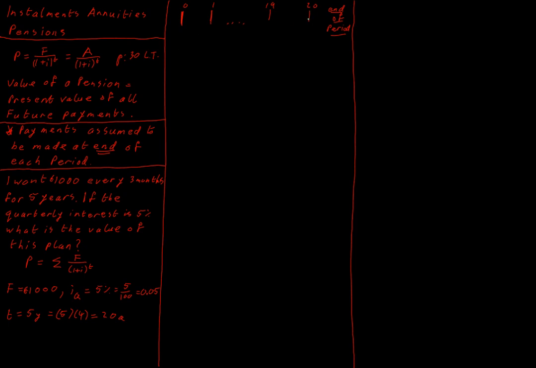So what happens with my payment that I'm going to get last, at the end of this 20th period? Well, to bring it all the way up to the present, this time my arrows are going the other way, it's going to be my €1,000 divided by 1 plus 0.05 to the power of 20.